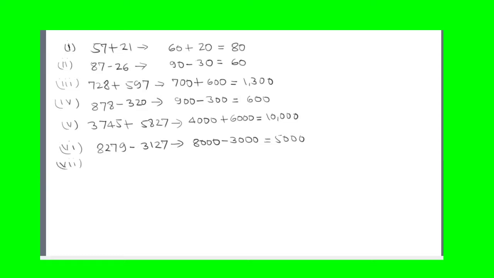Our seventh example is 4851 plus 1236. So 4851 is rounded to the nearest 1000, which gives us 5000 plus 1236 becomes 1000. This gives us 6000.